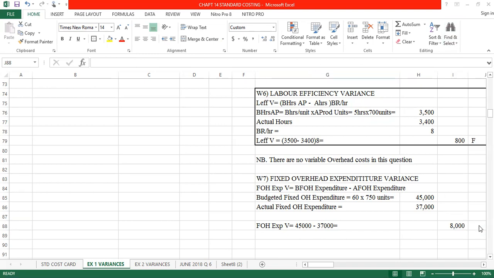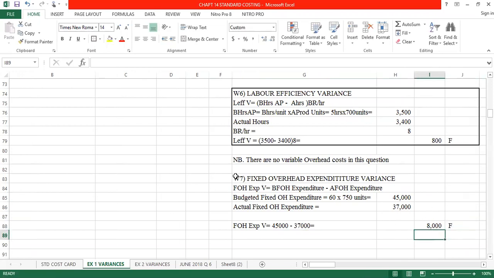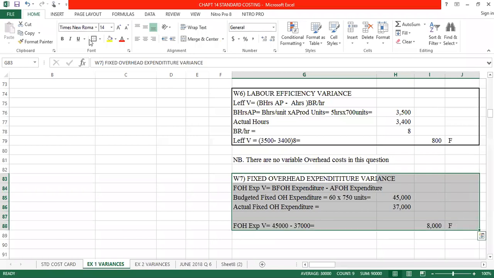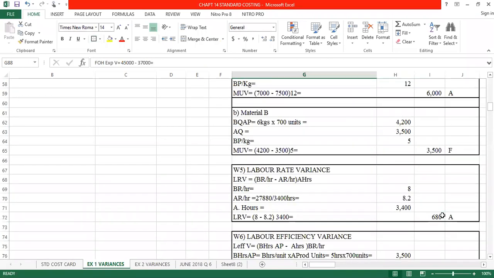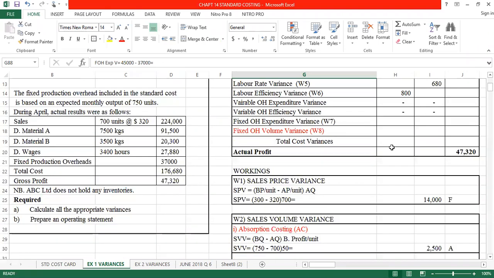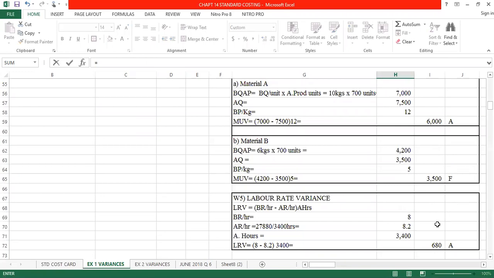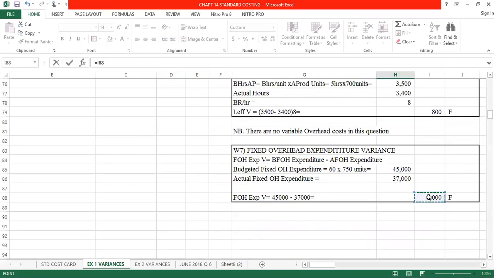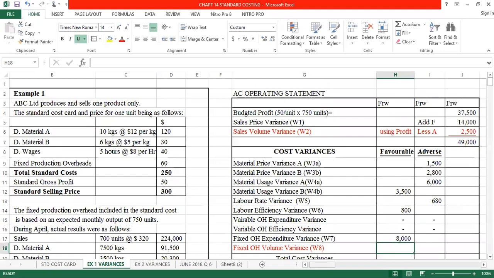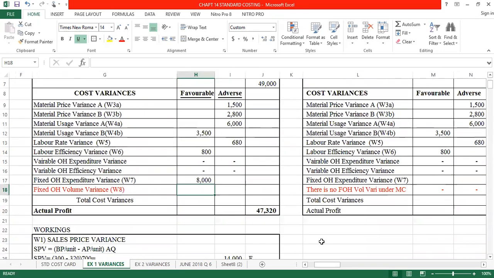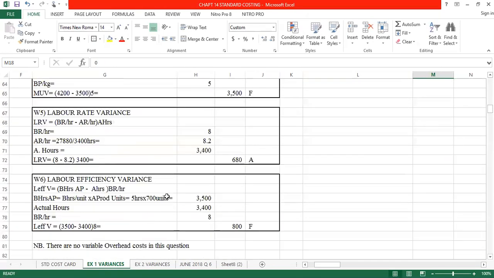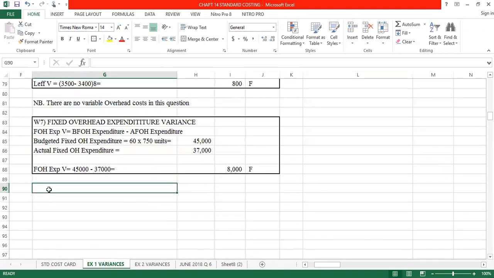It is F. So you can all see we agree it is F. So fixed overhead expenditure variance is 8,000 F. So I'll come here and post it as 8,000 F.